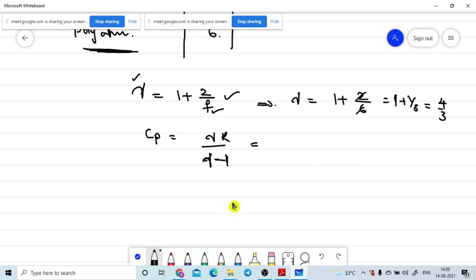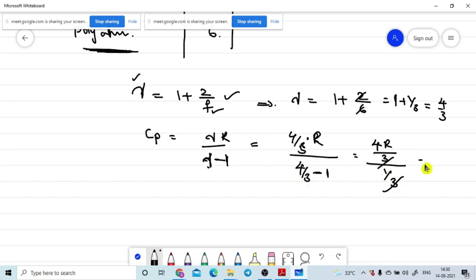Now we substitute: CP is equal to 4 by 3 into capital R divided by 4 by 3 minus 1. That is 3 minus 4, so the denominator is 1 by 3 only. The 3 cancels, so CP for the polyatomic system is 4R.